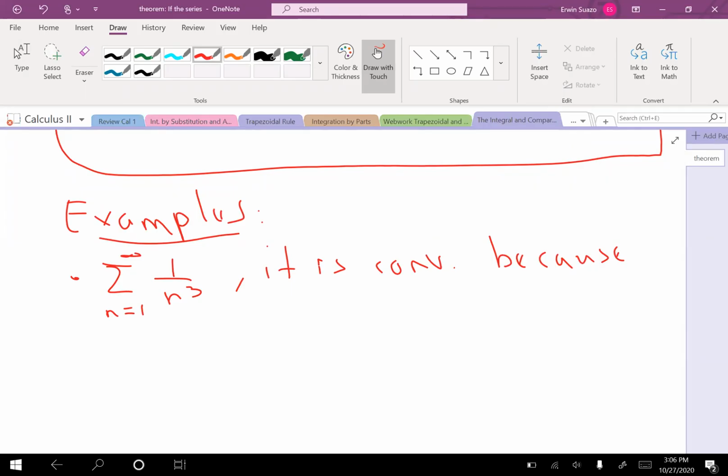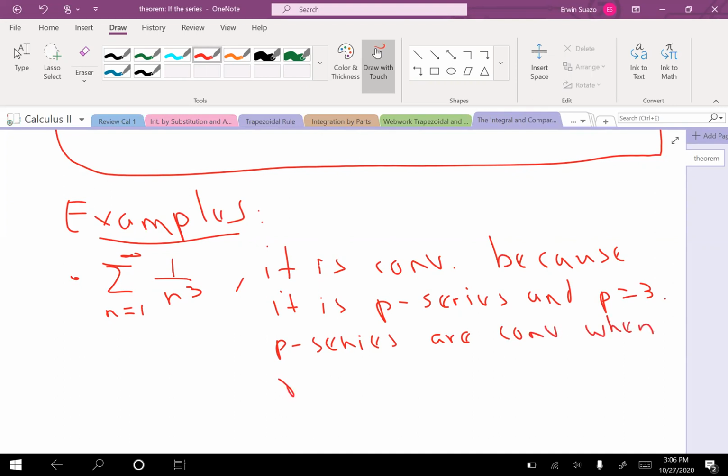So you can say because it is a P series and P equals 3, P series are convergent for P bigger than 1.